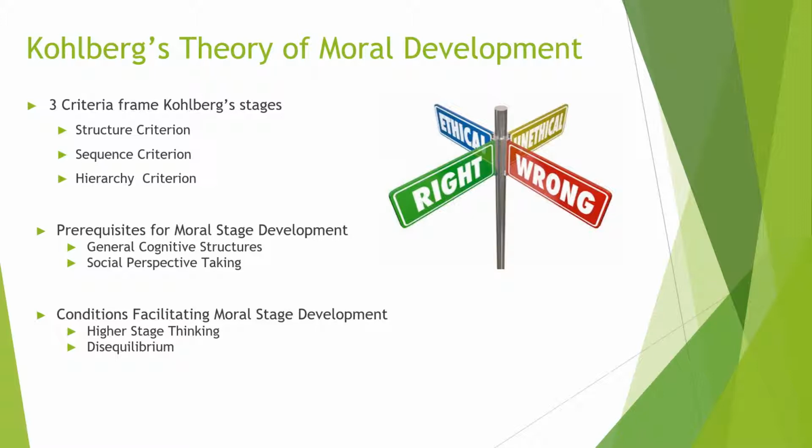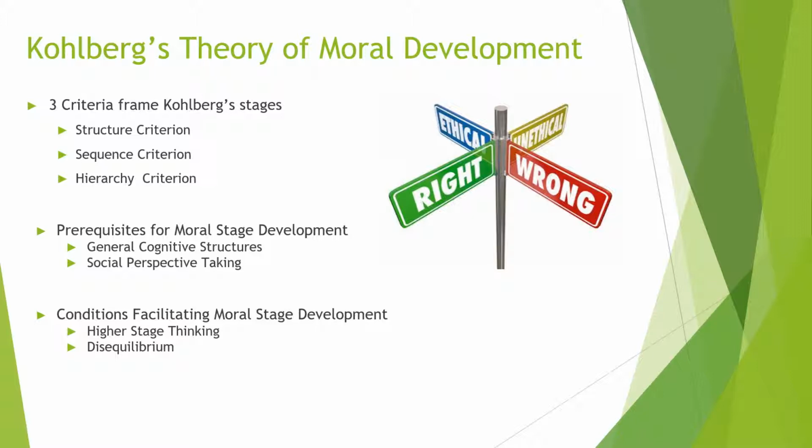Here, individuals move through a specific order that does not change even if the environment changes. And finally, the last criterion is the hierarchy criterion. Each successive stage is more highly developed than the one before because it involves aspects of earlier stages.